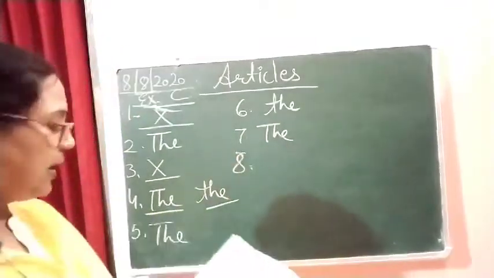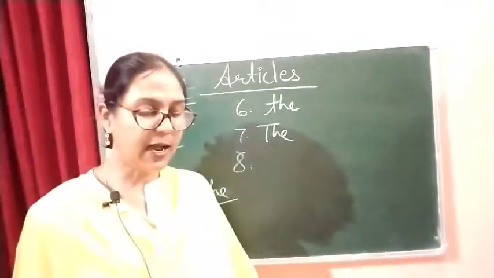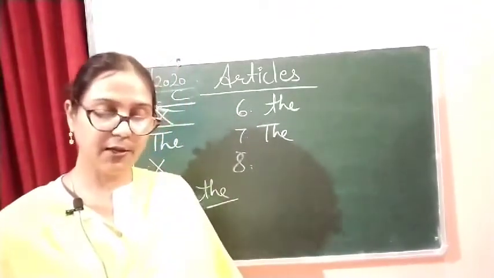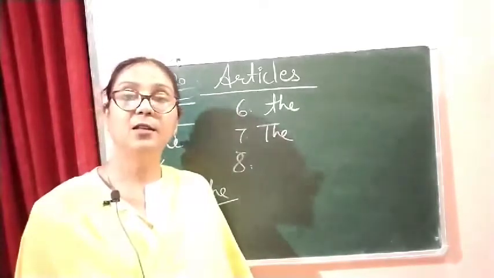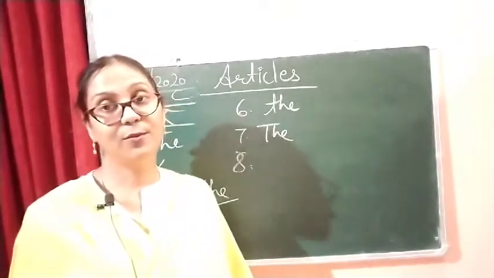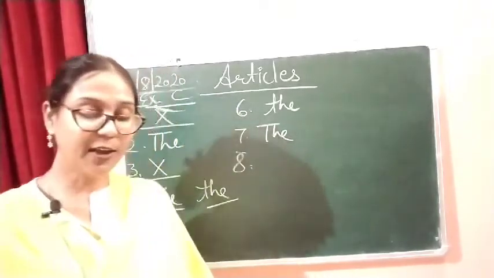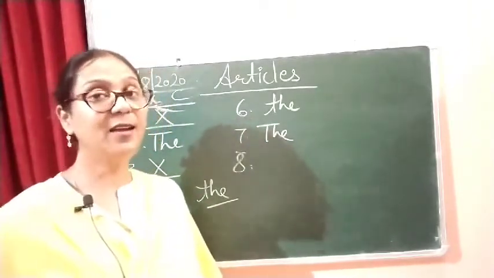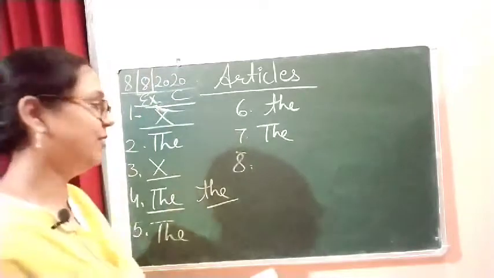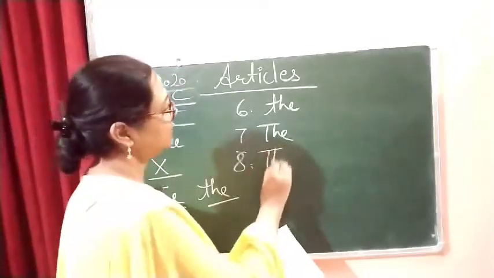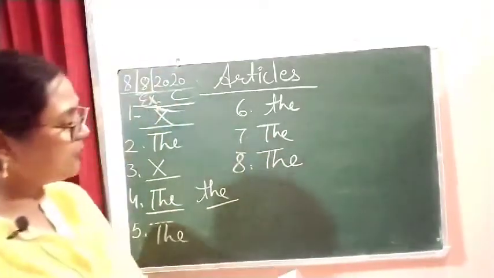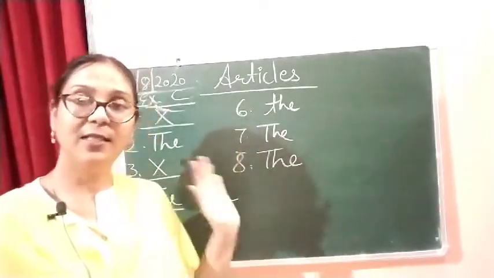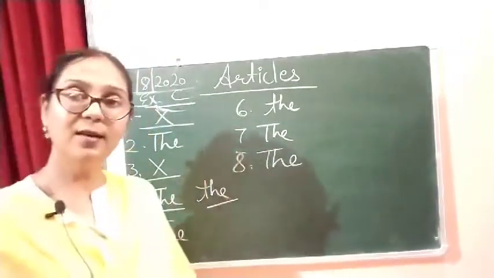Now in number 8, dash renowned singer Lata Mangeshkar is coming to our town. This is talking about a renowned singer, so we use the over here, because this is specifying that particular singer who is renowned.